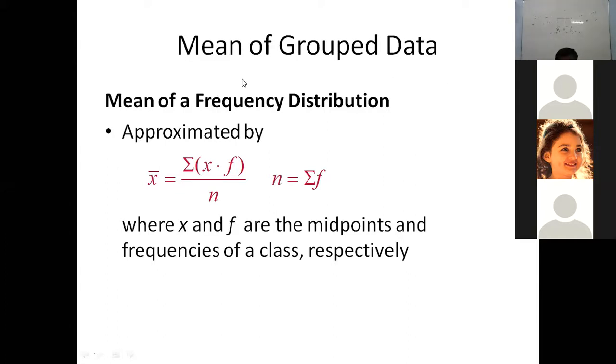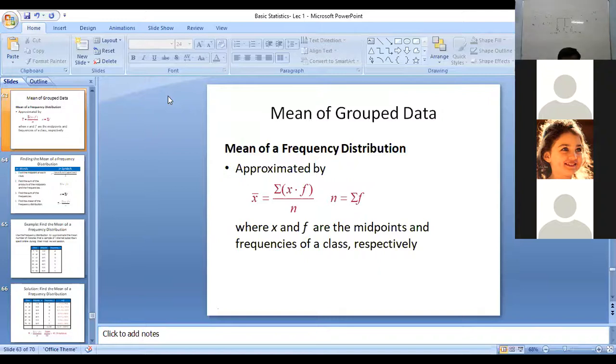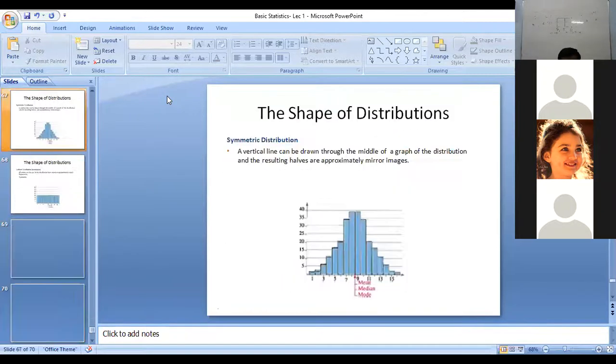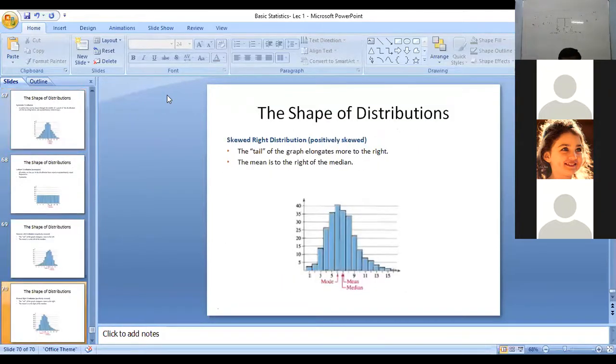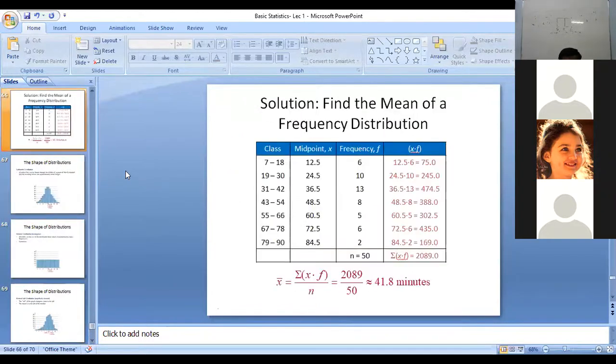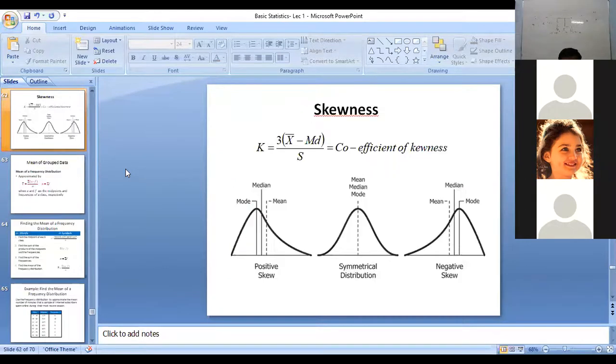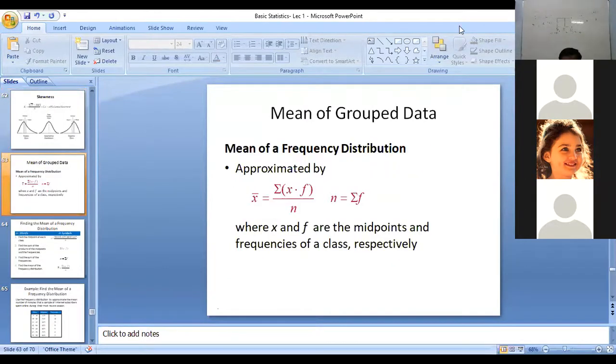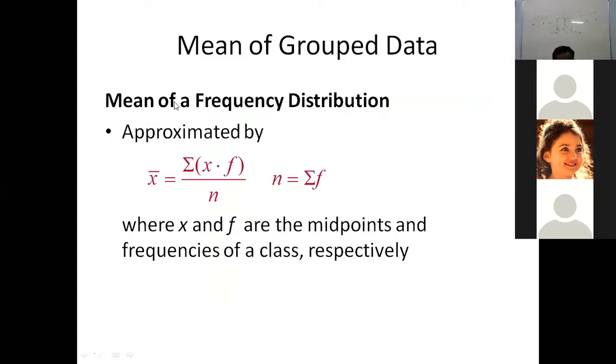Yes or no? I have 4 or 5 slides, so I can stop with that. Shall I continue? When you are silent, that means you are granting permission to continue, right?